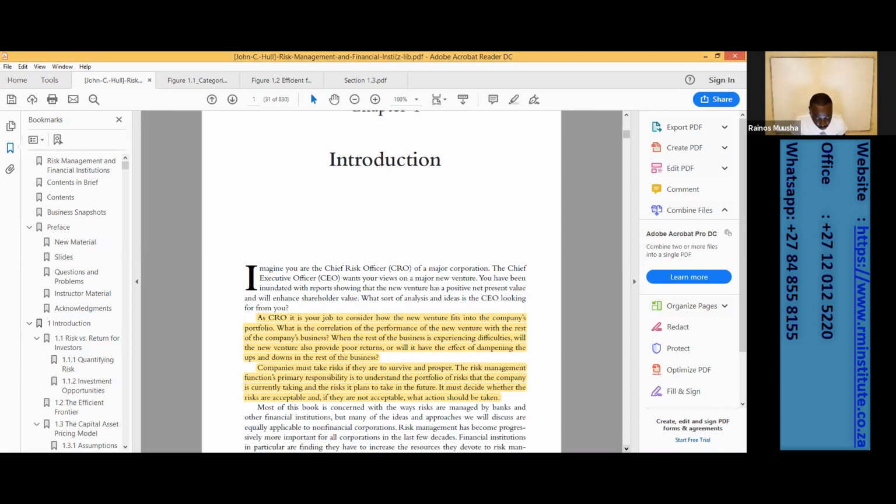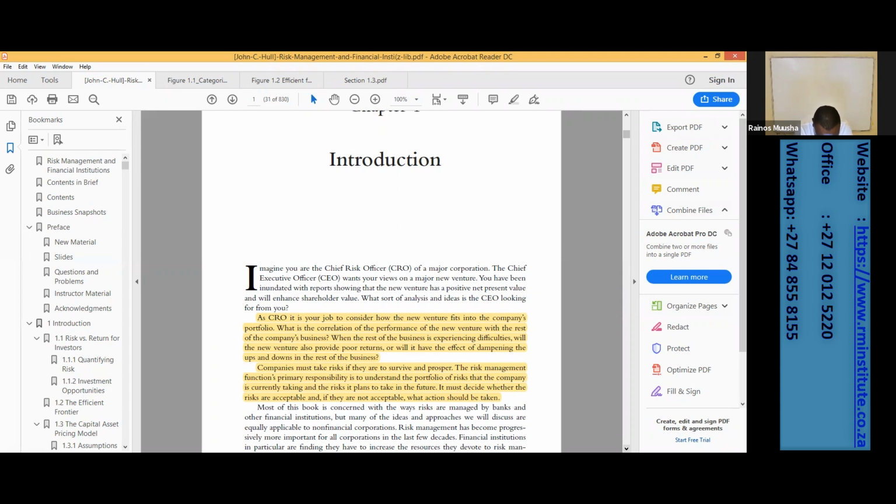Because remember, we know that there is a relationship between risk and correlation, and there's also a relation between diversification of the portfolio and correlation as well, but we'll discuss it later on. Then they say, when the rest of the business is experiencing difficulties, will the new venture also provide poor returns, or will it have the effect of dampening ups and downs in the rest of the business.